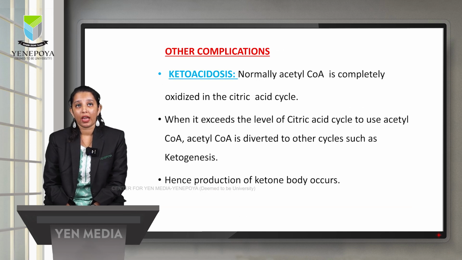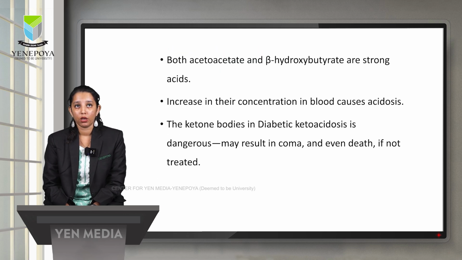Other complications: we have ketoacidosis. When carbohydrate is not there to produce energy, the fatty acids produce acetyl-CoA, which gets oxidized by the citric acid cycle. But when this acetyl-CoA increases, the citric acid cycle is not able to use it all, therefore it goes to another pathway called ketogenesis, which is the production of ketone bodies.